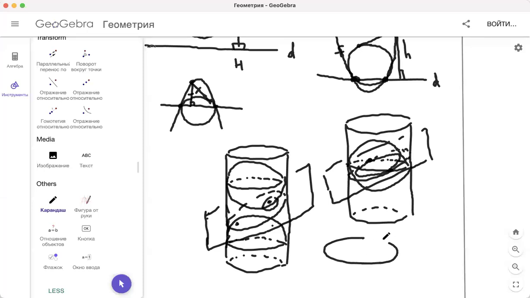So if we consider this ellipse and move this inscribed sphere in the cylinder and intersect this sphere with the plane of this section, then you obtain a family of doubly tangent circles.